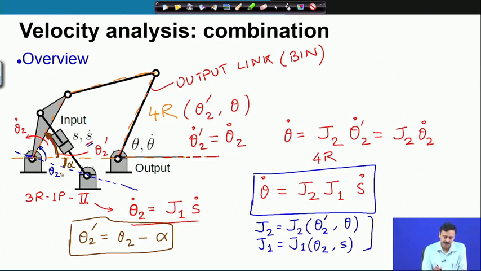Alpha is a fixed angle. This is the angle between the lines of frame of the 3R1P and 4R chains.